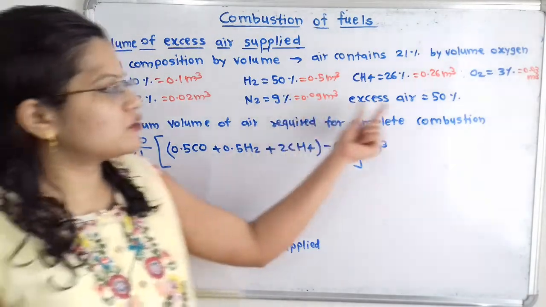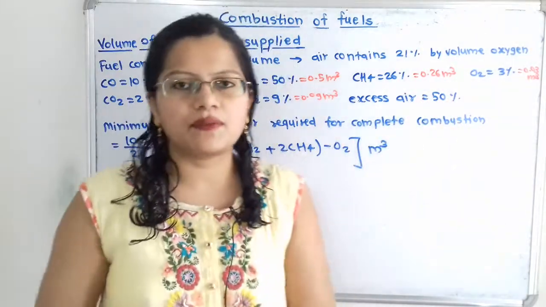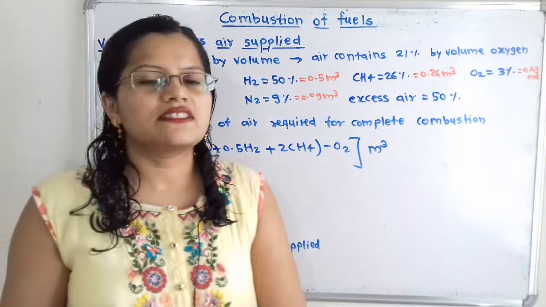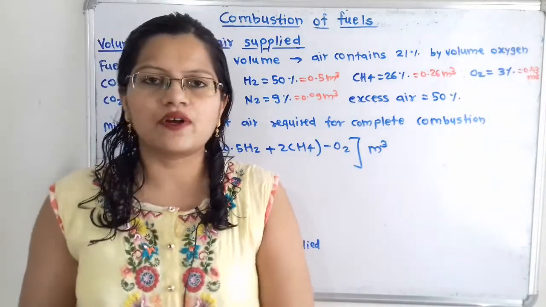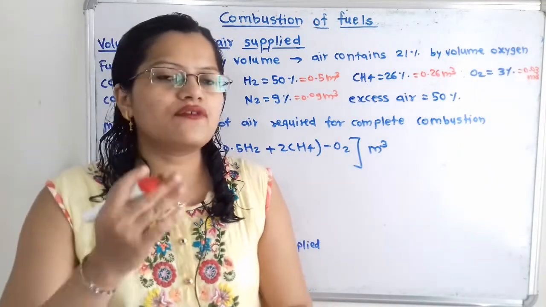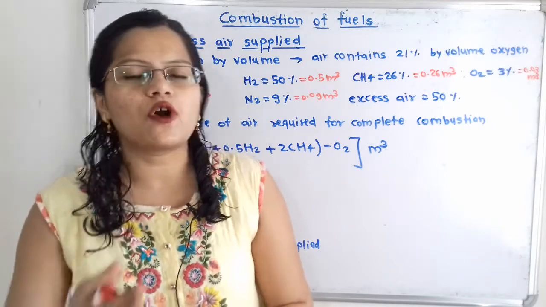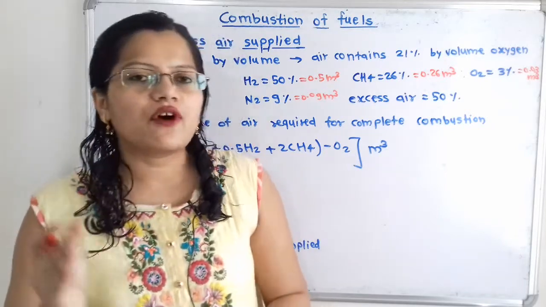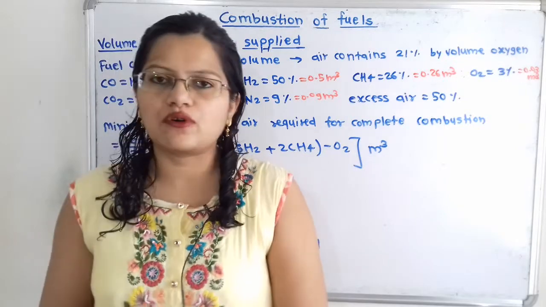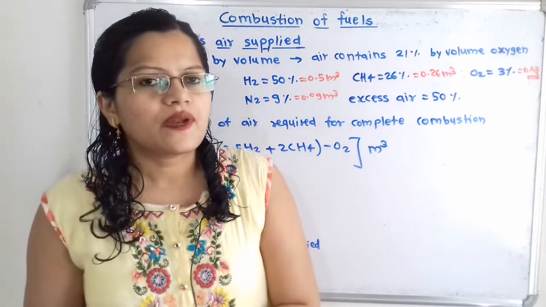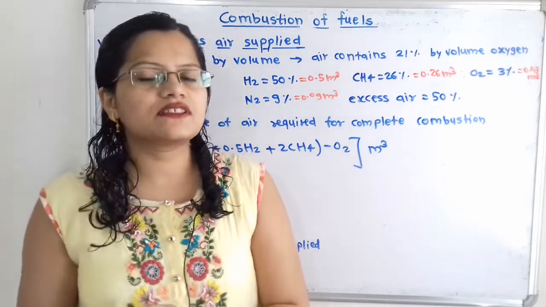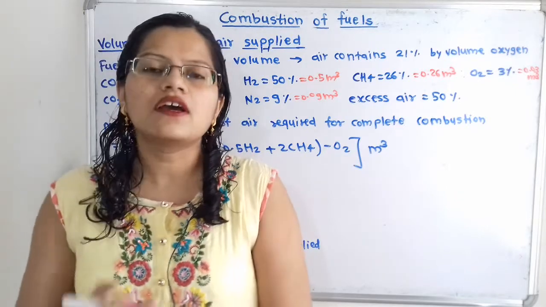Excess air is also supplied, that is 50%. So we can say that this excess air supplied is equal to 50% of the theoretical or minimum volume of air required for the complete combustion of 1 kilogram of fuel. So let us first calculate the minimum volume of air required.